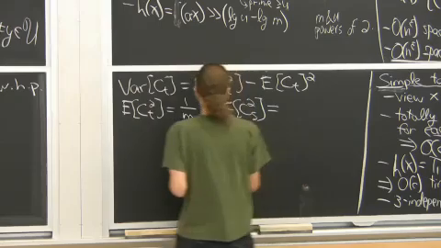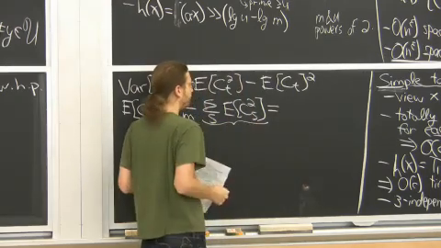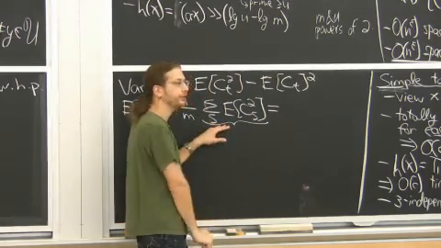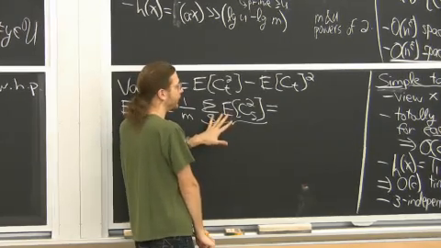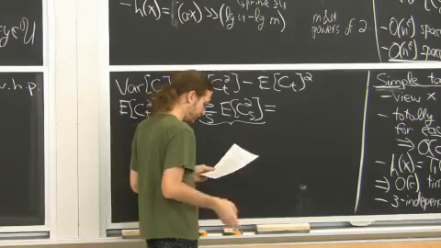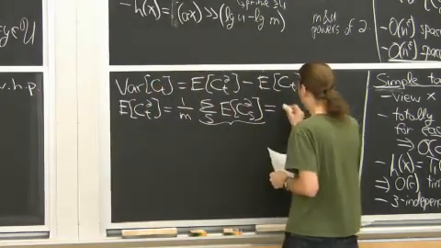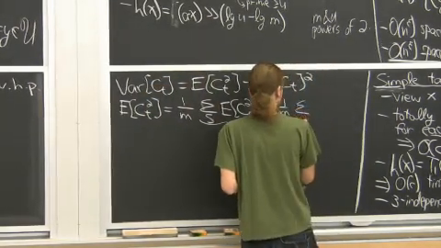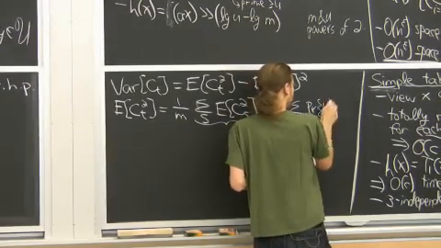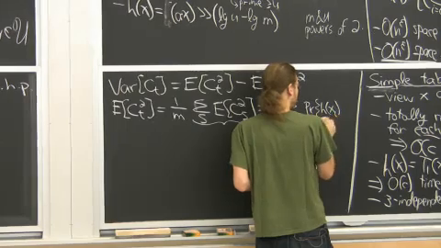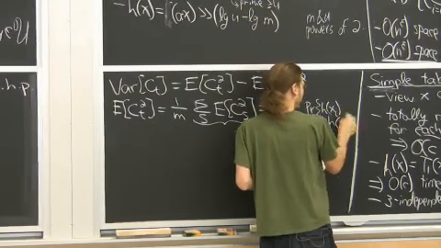So now this thing is just the number of pairs of keys that collide. So you can forget about slots. This is just the sum over all pairs of keys i, j of the probability that xi hashes to the same spot as xj.